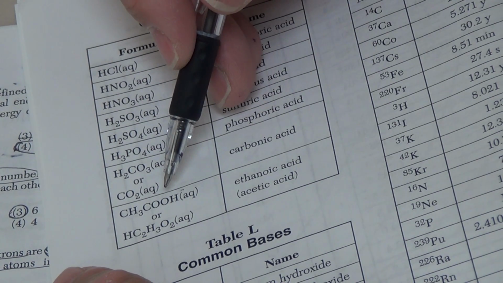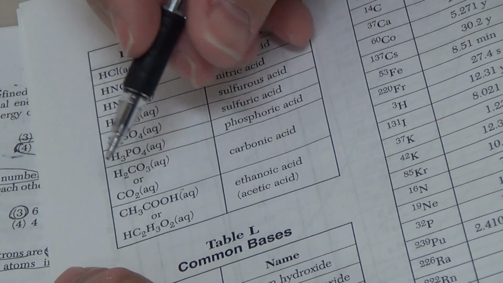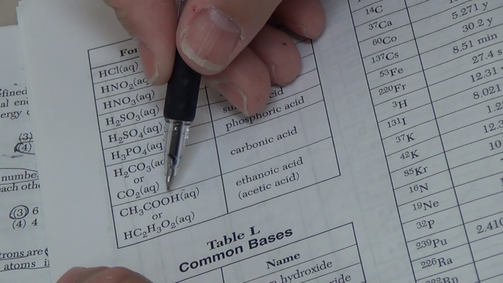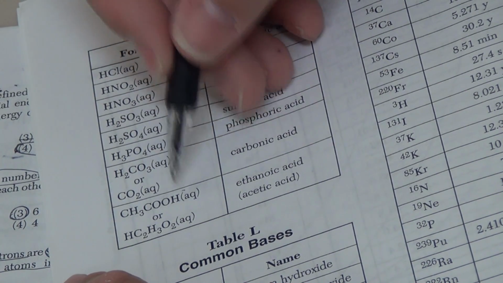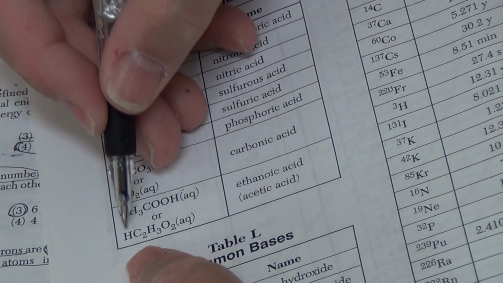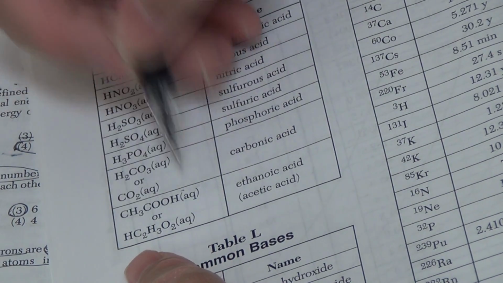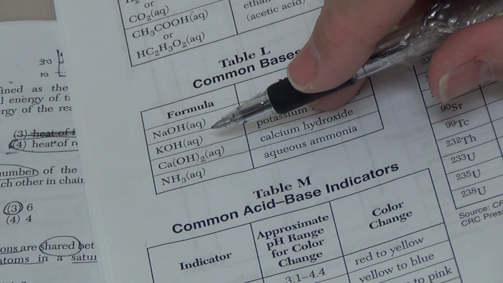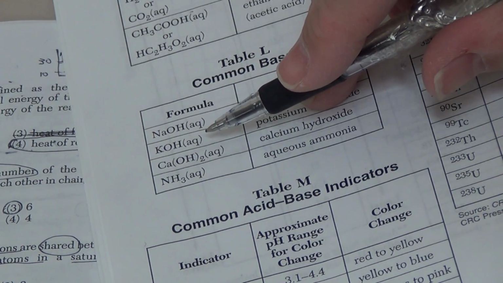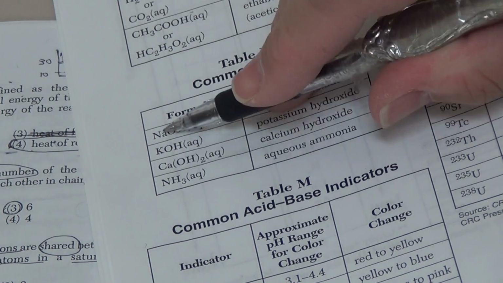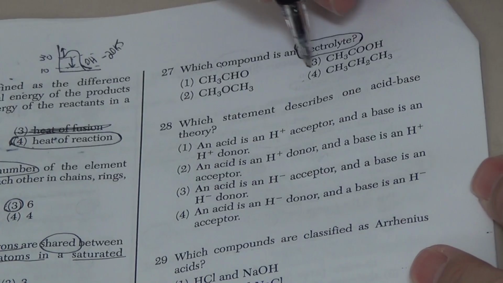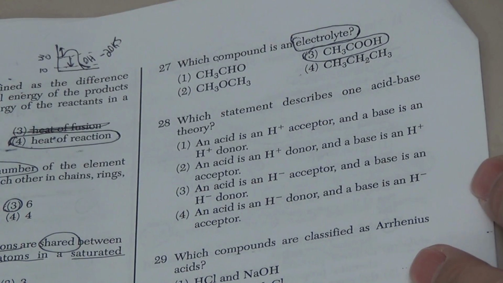They love putting this as the choice to this question because you see OH and you think base, which would still be an electrolyte, but that's not a base. This H right here, which would be that H right there, that's the one that comes off when you dissolve it in water. You'll notice bases are metallic hydroxides. Well, and then there's ammonia that's aqueous. CH3COOH. Why?